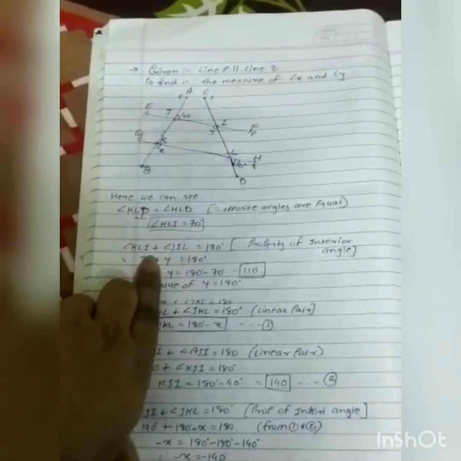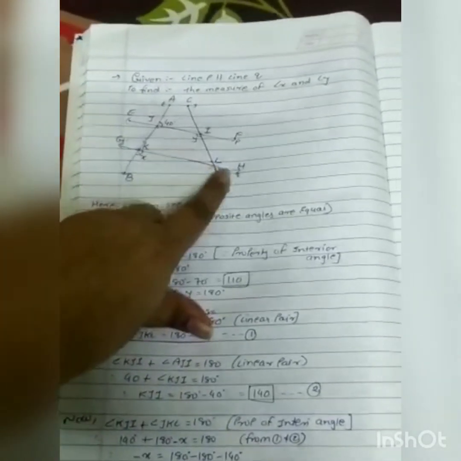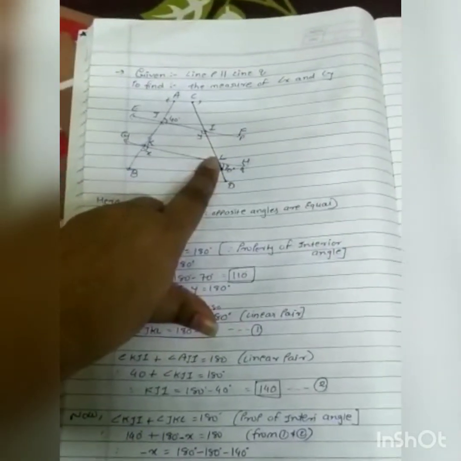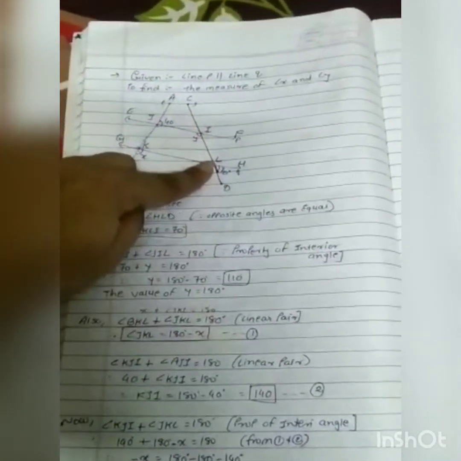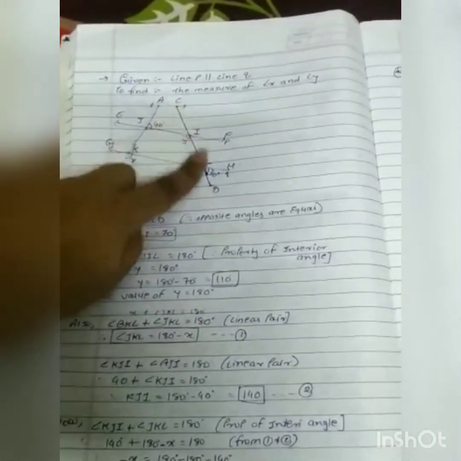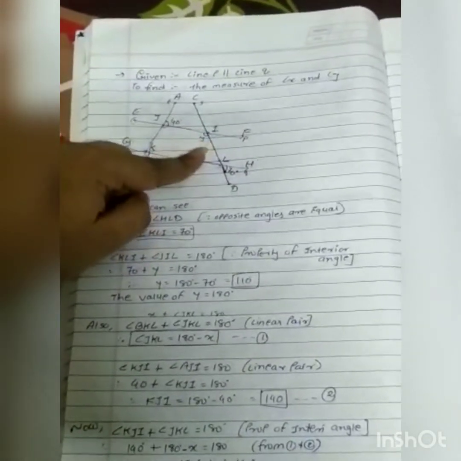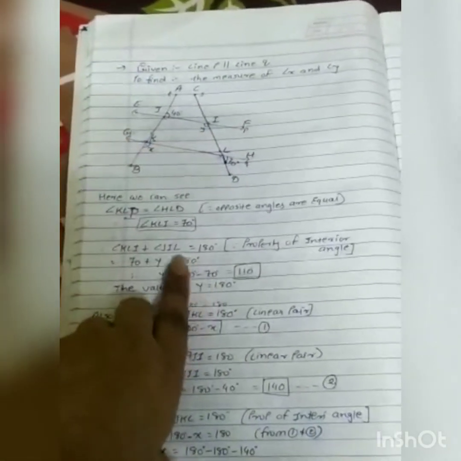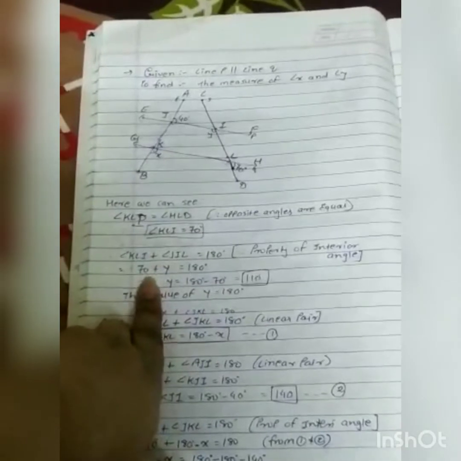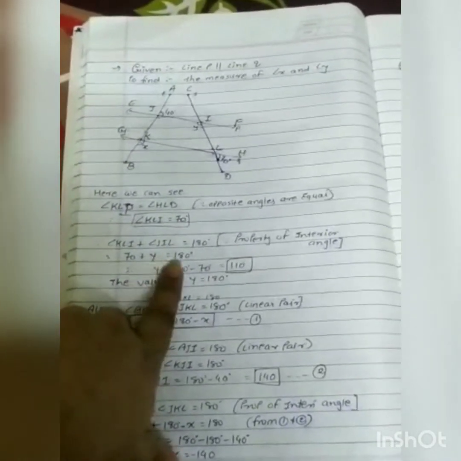Now see, KLI plus JIL is equal to 180. KLI, this one L, and JIL is 180 degrees. See, interior angles by this transversal line. Property of interior angles, which is equal to 180 degrees. KLI we found out is 70, and GIL is y, so 70 plus y is equal to 180.